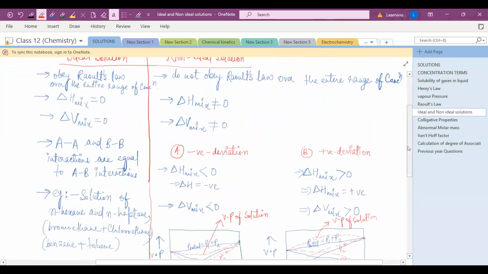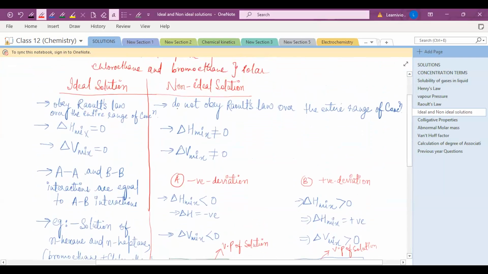Now see, ideal solutions are those which obey Raoult's law, and non-ideal solutions are those which do not obey Raoult's law. Now see the enthalpy change of mixture. When you add two components together, the enthalpy change of mixture is always equal to 0 in the case of ideal solution.